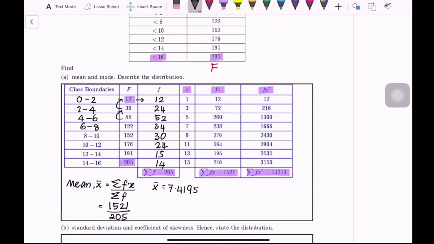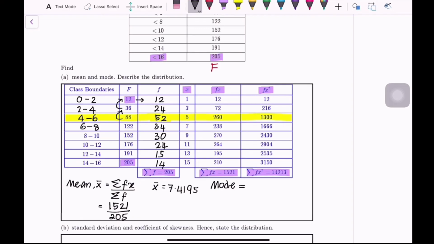And then for the mode, before we substitute into the formula, first we determine the observation of the mode. We refer to the highest frequency. The highest frequency is 52, which means this is the modal class.